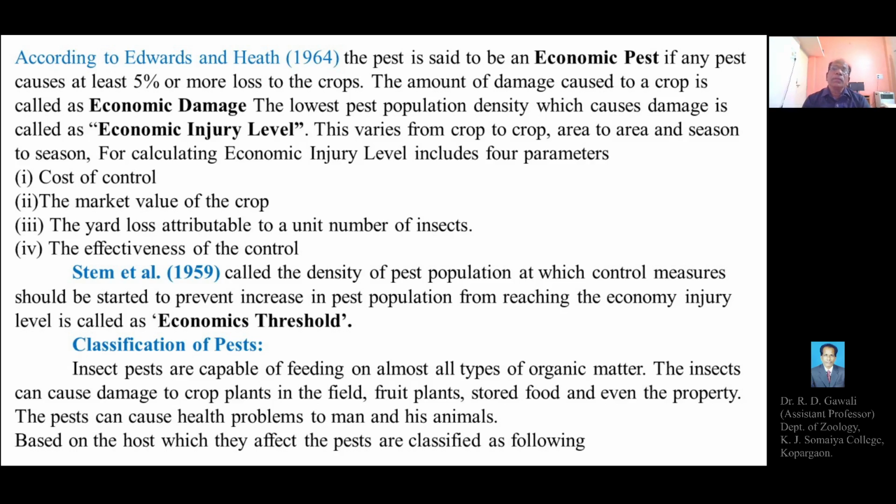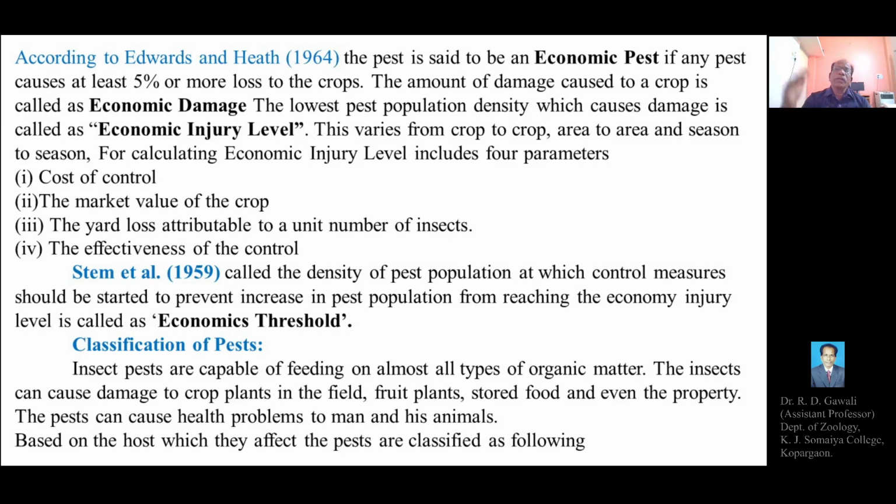Then the invertebrate pests, like snails and slugs, and even nematodes. There are different types of invertebrate organisms which also attack a variety of crops, feeding on different parts of the plant and causing loss or damage.